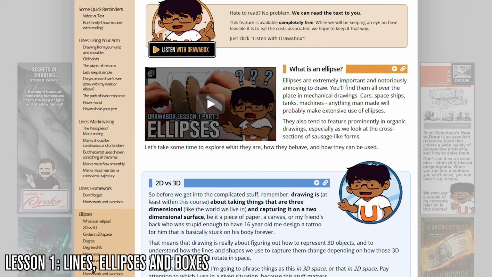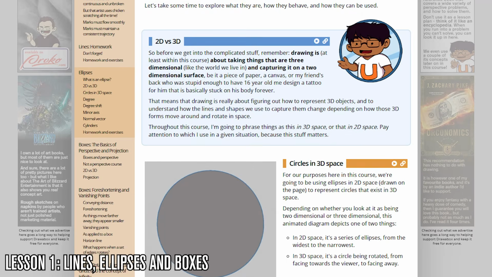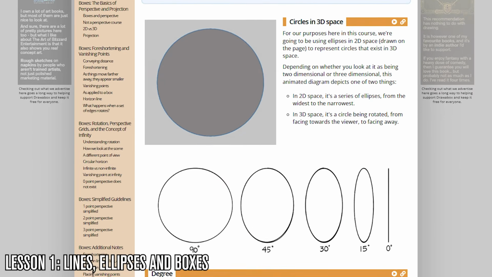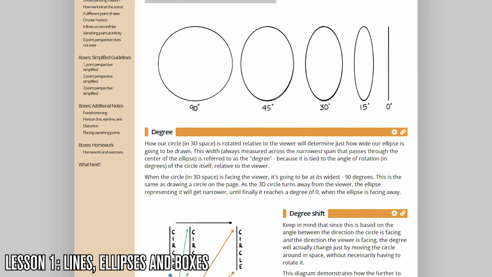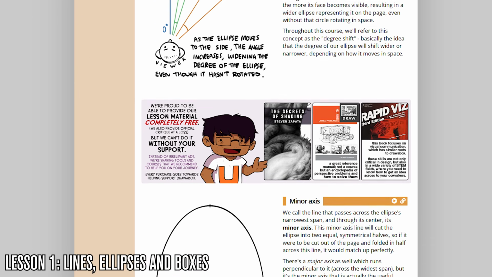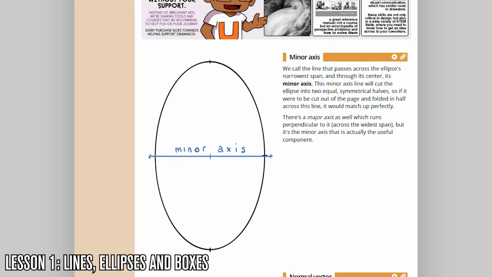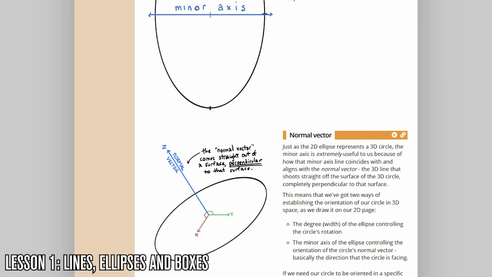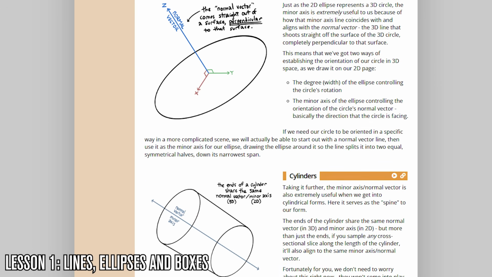The concept of an ellipse's degree and what that tells us about the way in which the circle in 3D space it represents is oriented is something we introduced back in Lesson 1's Ellipses section. It goes over this in considerable detail, so I would strongly recommend reviewing that material.